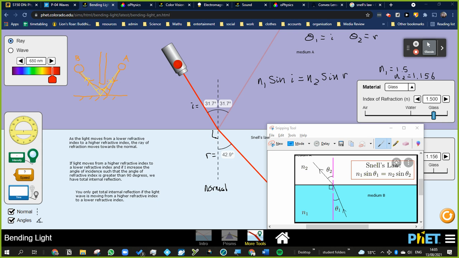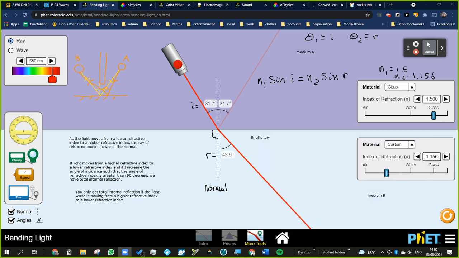Okay, so now I've taken their law, I'm going to close that window because I've got it written down already, and then we're going to see if we can use this formula to get the angle that we'd expect. So we know that I is equal to 31.7 and r is equal to 42.9.